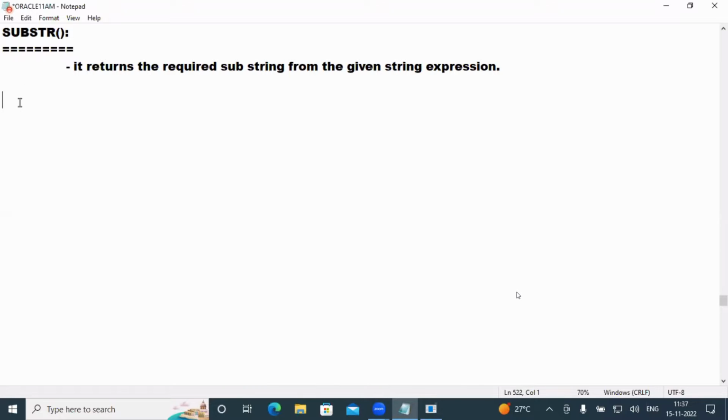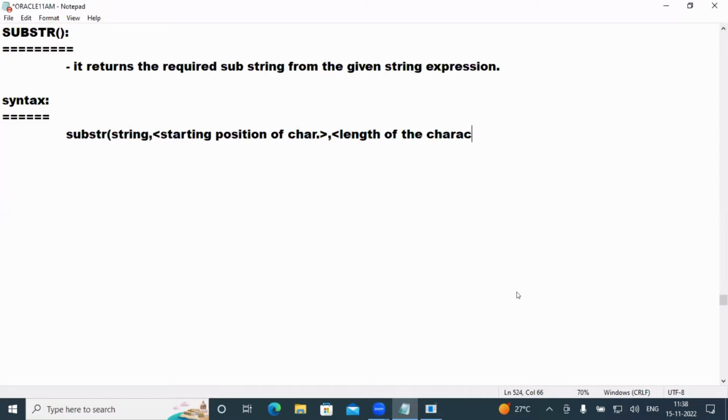So the syntax of substring, carefully observe. I'm passing substring of your string expression, and here I want to give the starting position of the character, meaning which position of the character you need to start from, comma, the length of the characters. So how many characters you want.